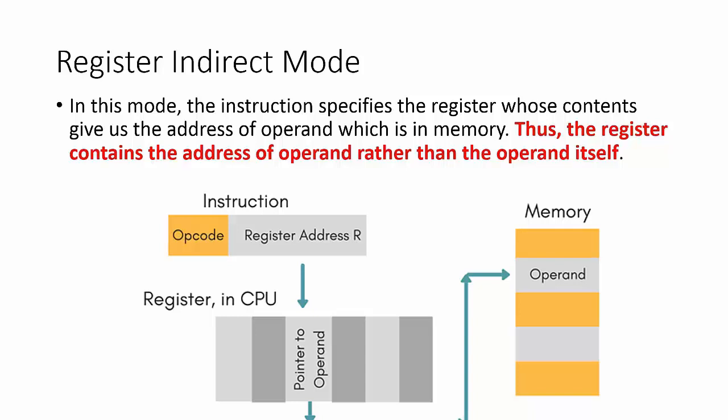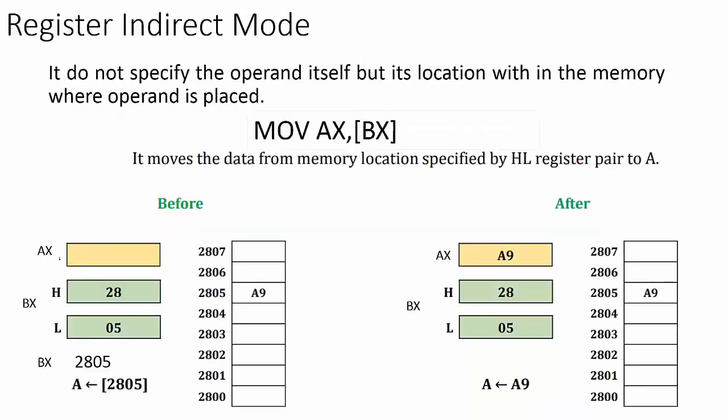So let's discuss a few examples related to register indirect mode. Here is an example of register indirect mode. It does not specify the operand itself, but its location within the memory where the operand is placed.